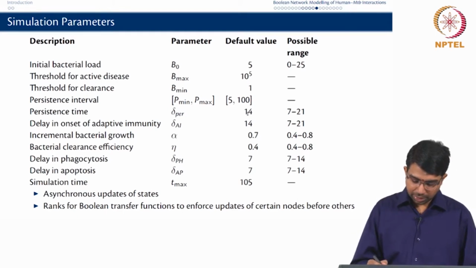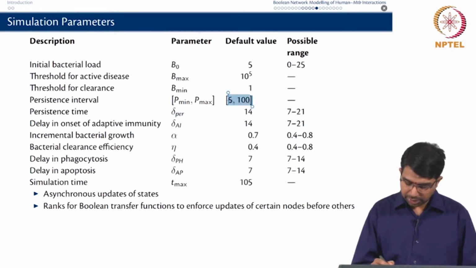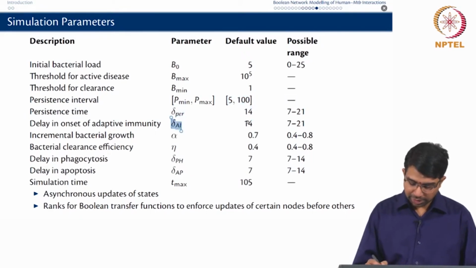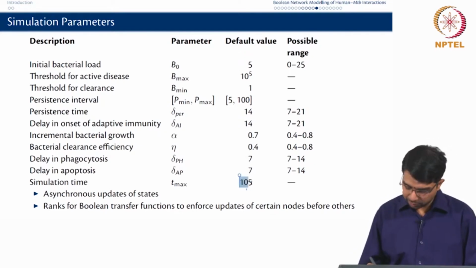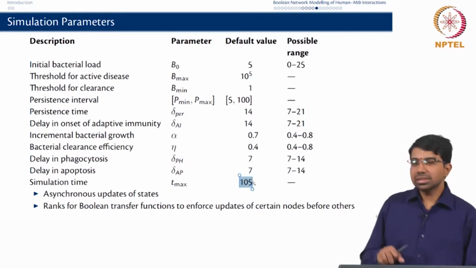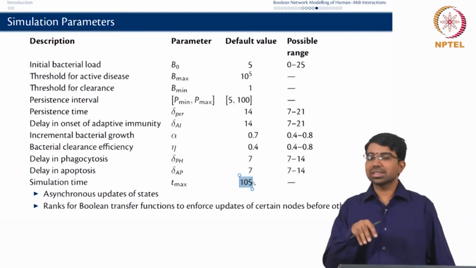This is the number of bacteria that should be there, and this is the time. So, 14 is 14 days or 2 weeks. This is onset of adaptive immunity, which is again 2 weeks. Then some default values for bacterial growth and clearance and delay in phagocytosis, apoptosis and so on, and we simulated for 15 weeks. It is a sort of macro model.